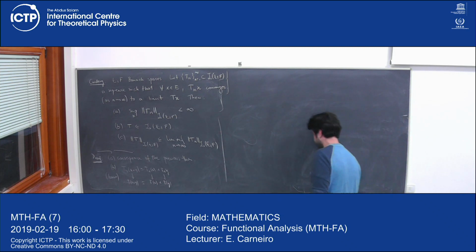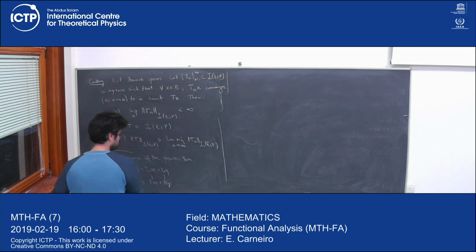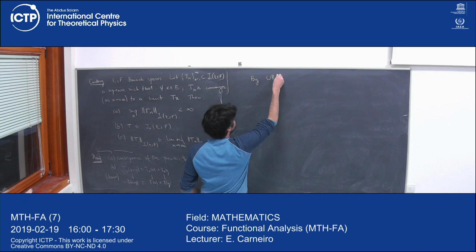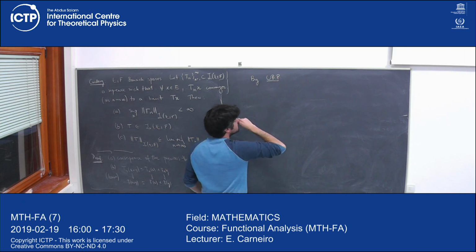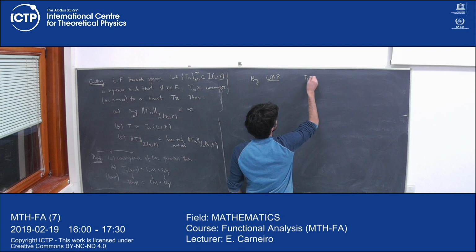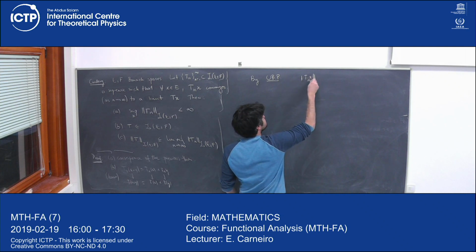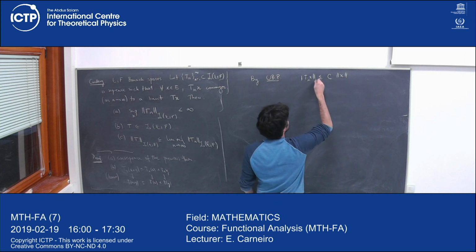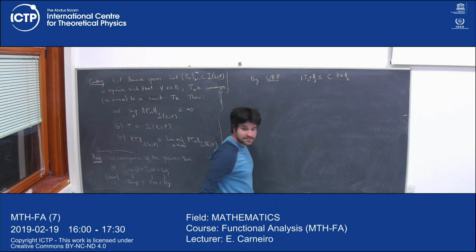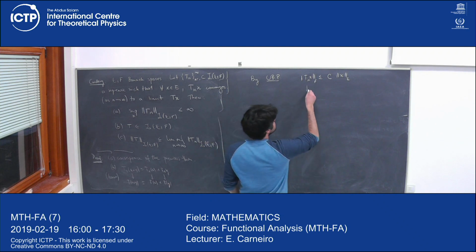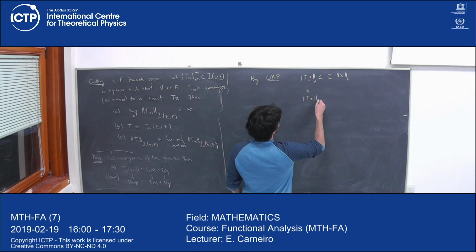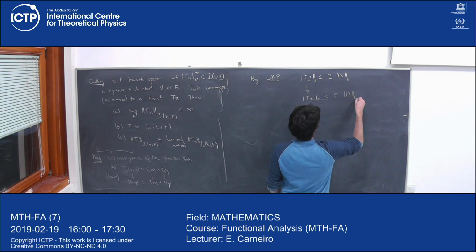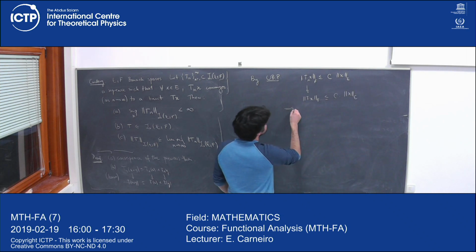So by the uniform boundedness principle, you also had that the norm of Tn of x was less than or equal to a certain C times the norm of x. This is in F, this is in E. So obviously when you pass to the limit, this T of x will keep being bounded. This implies that T is bounded.